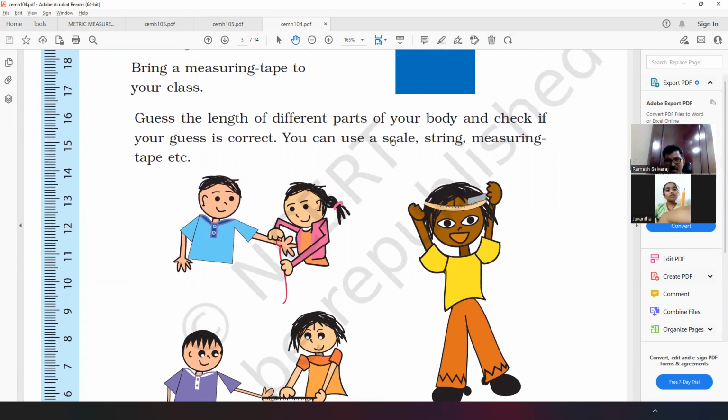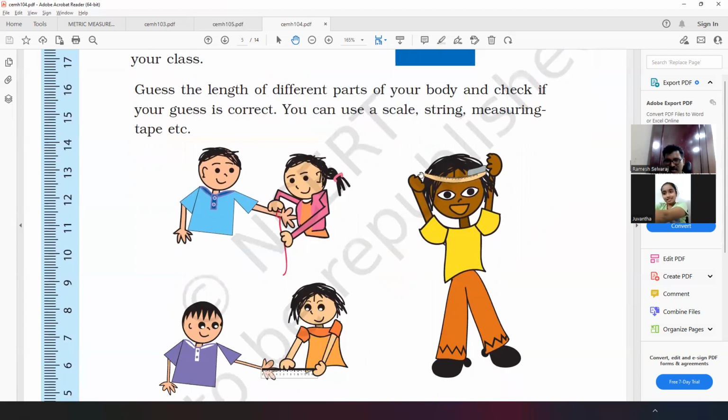You can use a scale, string, measuring tape, etc. How could we measure our head, hand, fingers? Use the measuring tape, and then you can read from the tape what is the length.